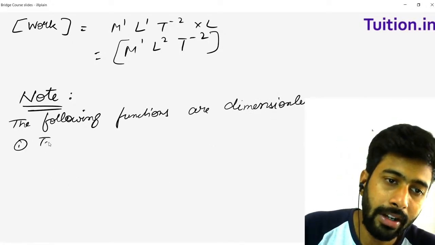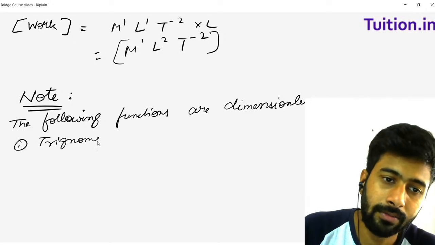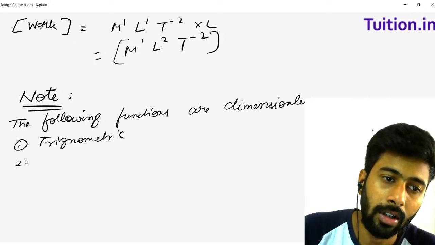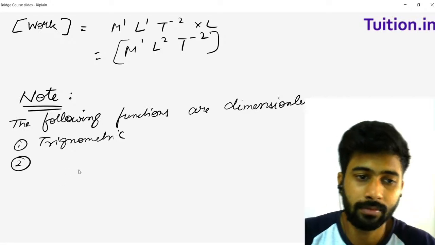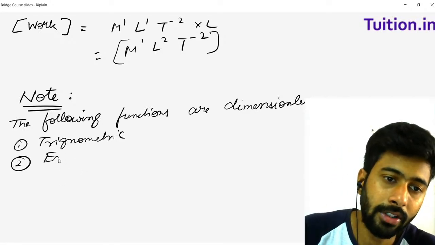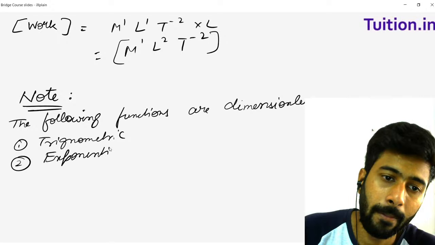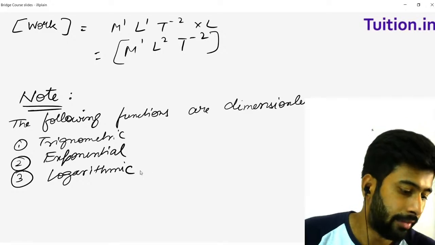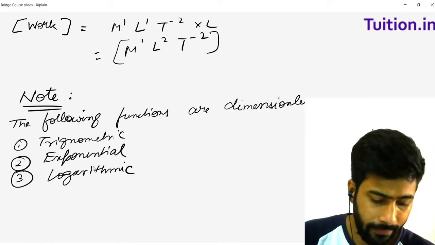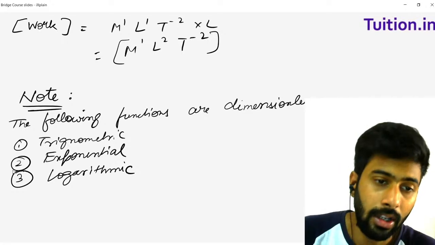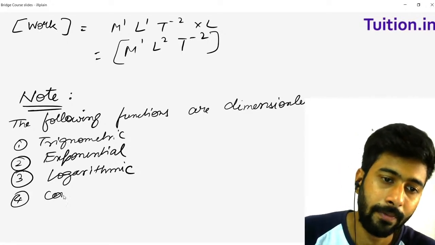Number one, trigonometric functions. Number two, exponential functions. Number three, logarithmic functions. I'm not sure if you have heard all these terms before, but I'm still giving it to you. And number four, constants.